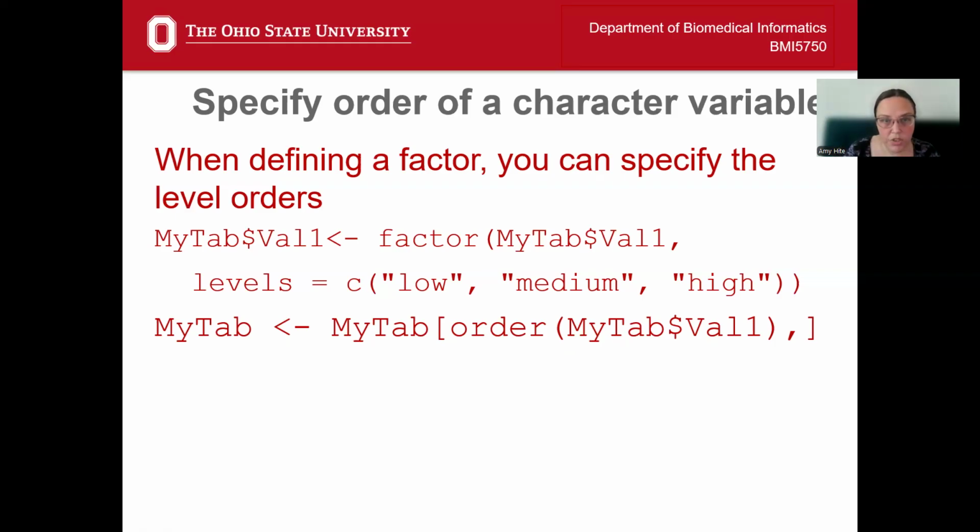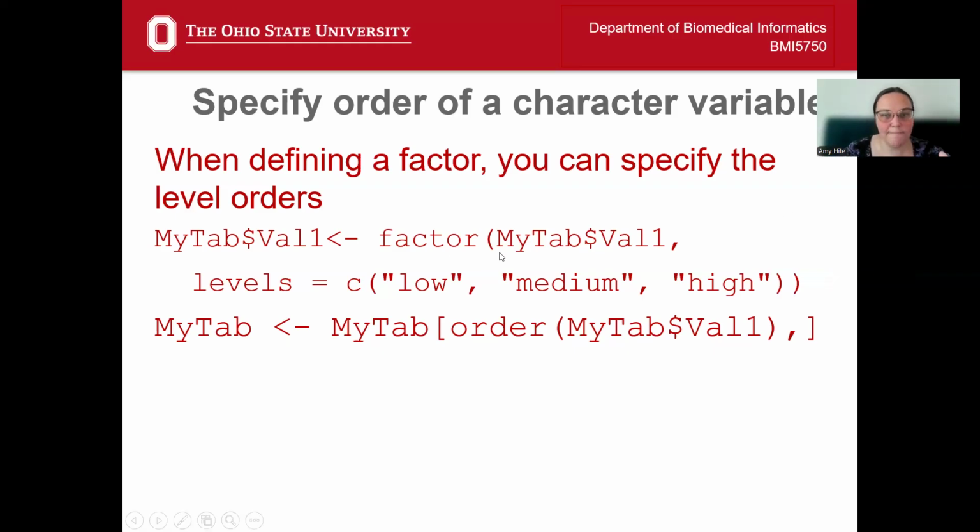So maybe you have a variable that has values low, medium, and high. If we didn't specify the levels, this would be alphabetical, and it would go high, low, medium, I think. And that would not plot very well. If we wanted to have these 3 groups, we want it to make more sense.